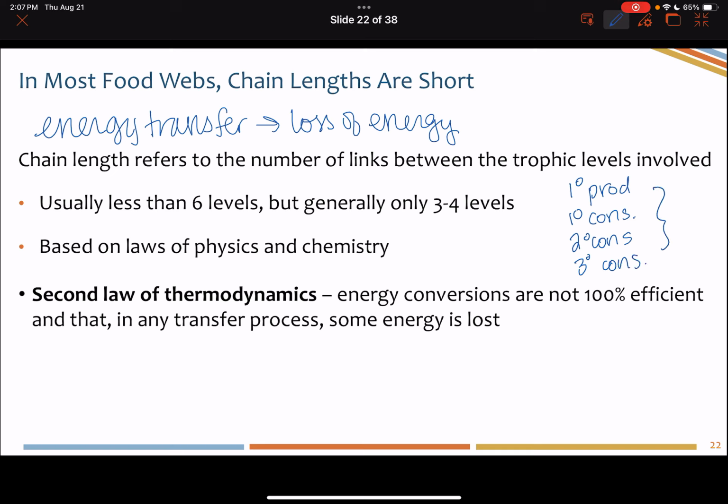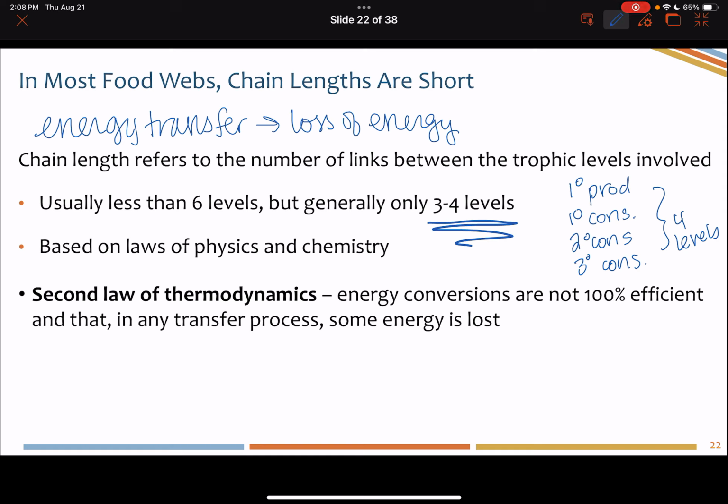So only 4 levels. Usually we can only get up to 6. That's about as much as the environment can hold, but in general, most environments can only support 3 to 4 levels. And this is really just based on laws of physics and laws of chemistry.